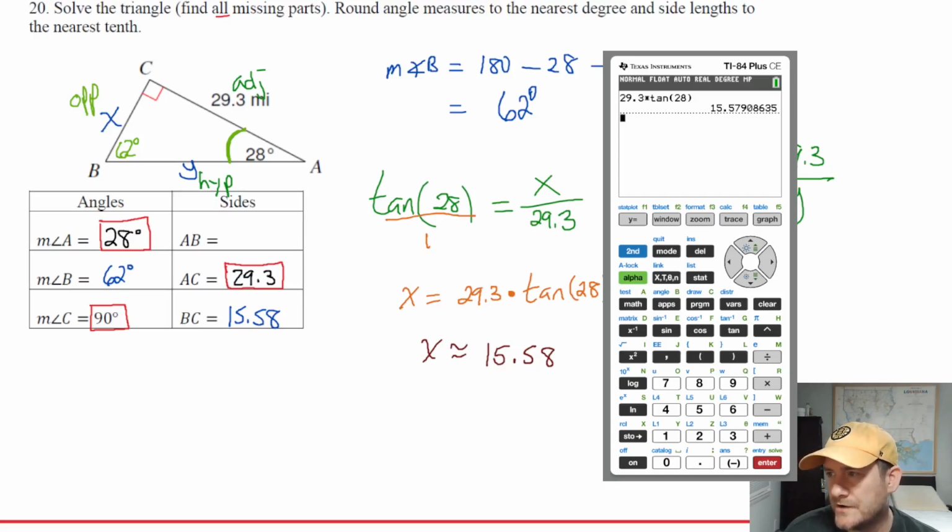So again, if you cross multiply, you'll get y times the cosine of 28, which kind of feels weird, I guess, but then you multiply by 1, you get 29.3. So the only thing left to do is divide by cosine 28. 29.3 divided by cosine 28.